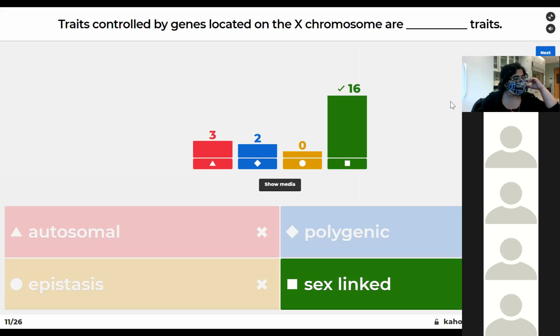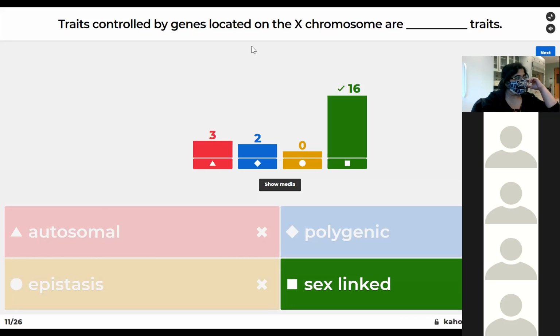That is sex linked. So X chromosome, guys, it's always sex linked. Polygenic just means multiple genes. That has nothing to do with the X chromosome.